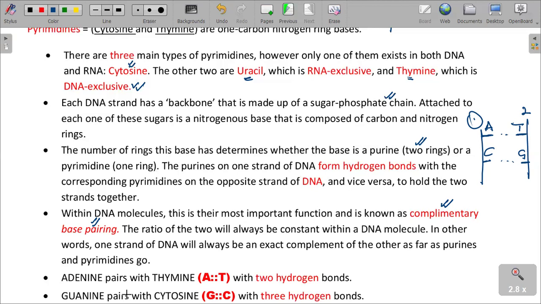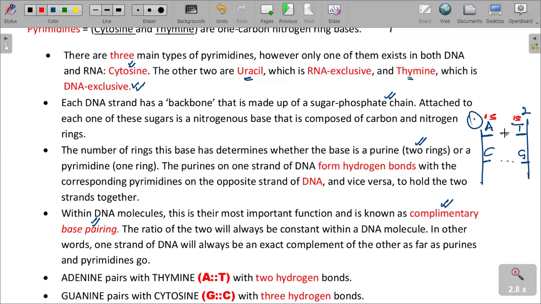And there we are able to explain and answer another question that comes up in the multiple choice. You must understand that the ratio of the two will always be constant within a DNA molecule. For example, let me assume we have 15 A here. It means T is also going to be 15 as well.